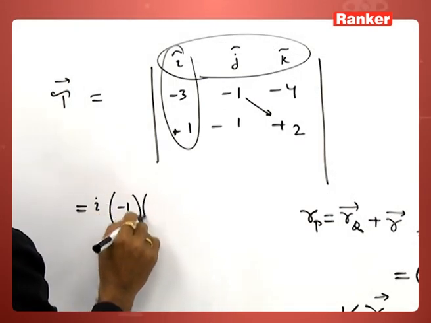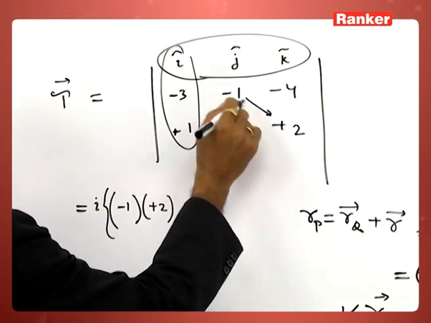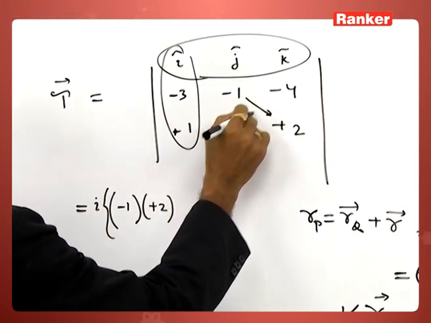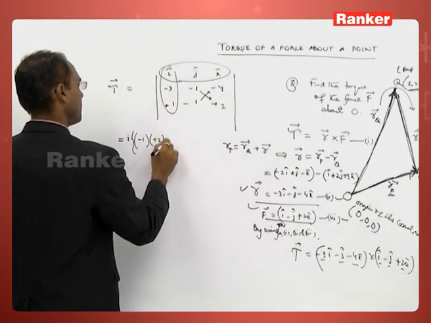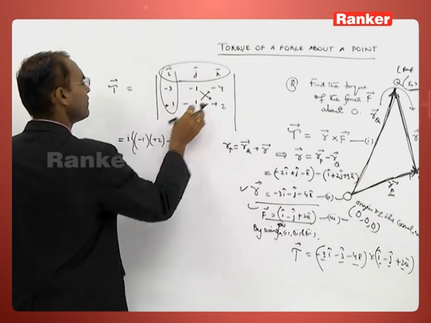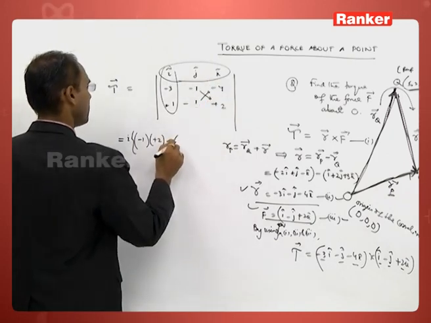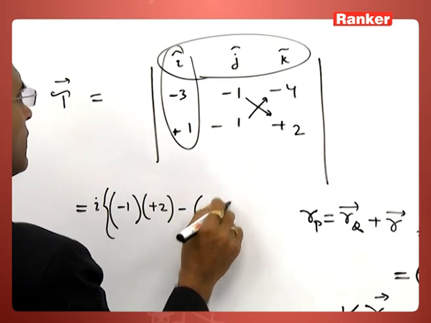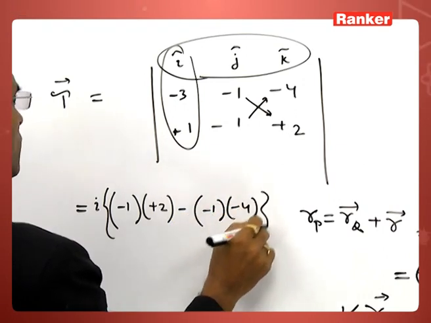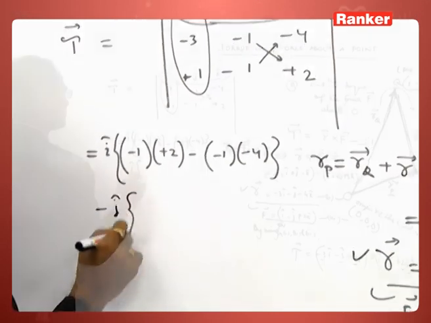Minus 1 into plus 2. Then from the bottom to the top, in reverse way. Minus 1 into minus 4. This is i cap. Minus j cap.